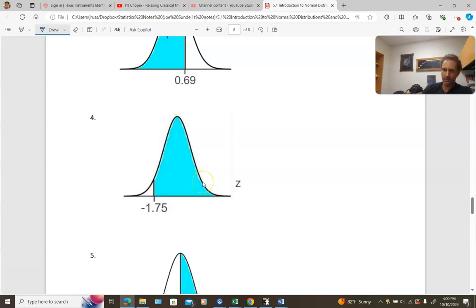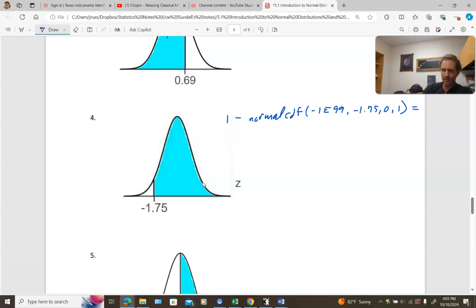And I'll show that to you this way. We could say 1 minus the normal CDF. The lower bound will still be negative 1e to the 99th power. The upper bound will be that z-score, negative 1.75. The mean and the standard deviation will be the same, okay?